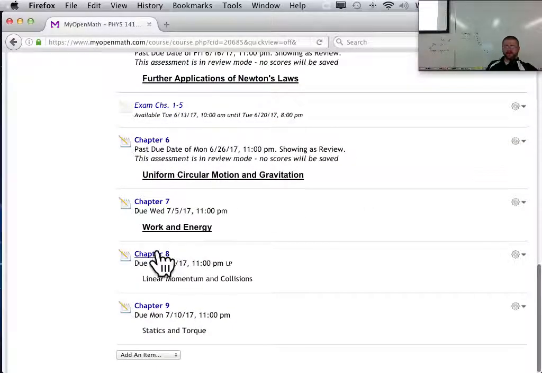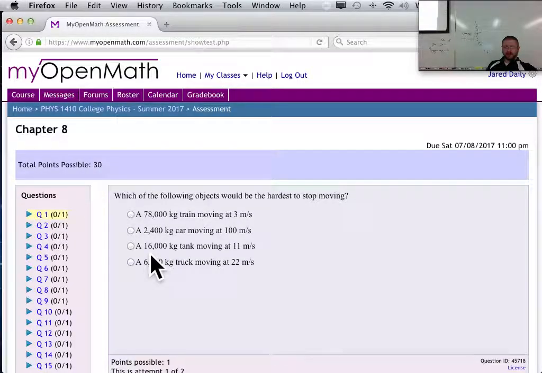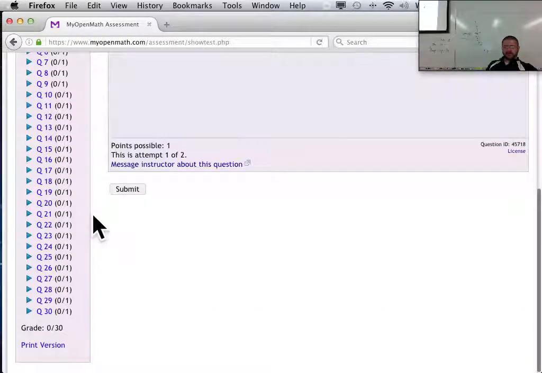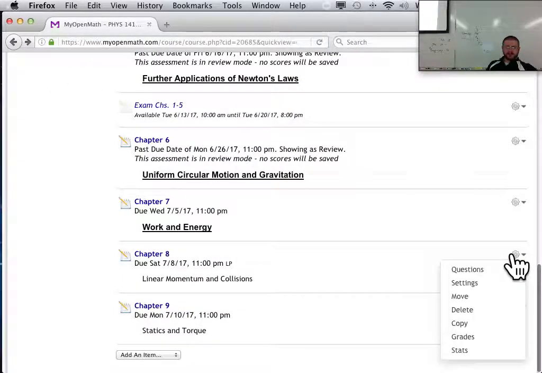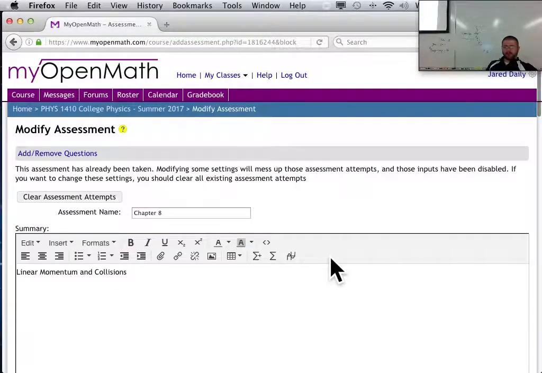Chapter 8 is the homework that I put in today. Now it's got a boatload of questions in it, but I don't think it's too much work.